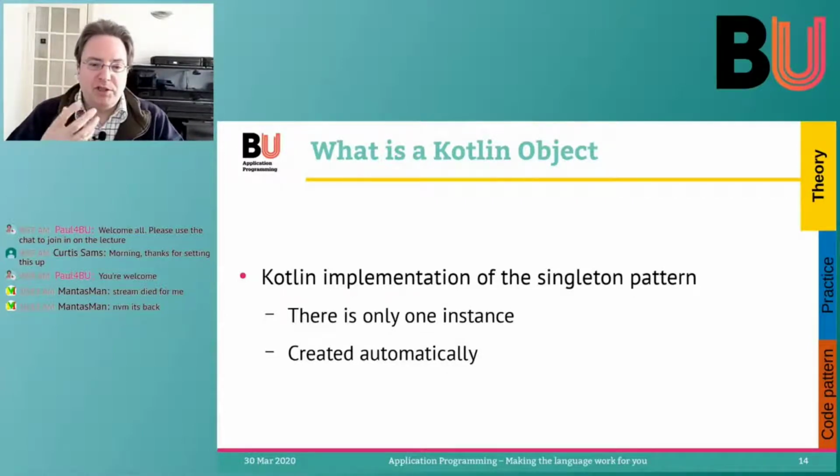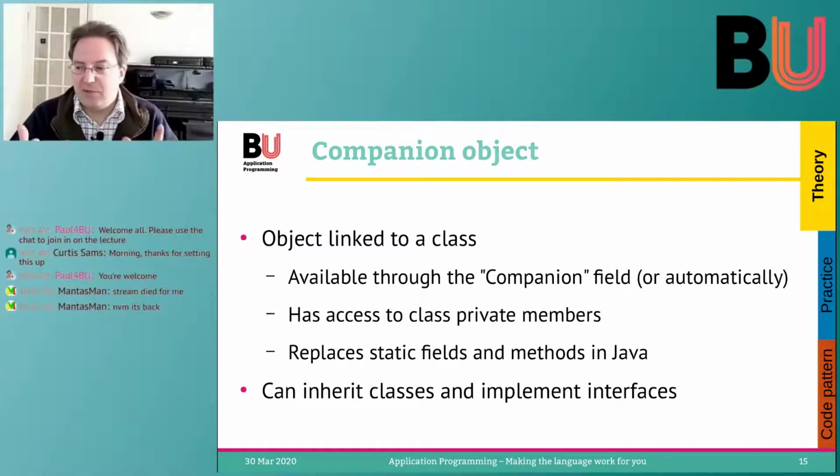But what does this companion object do? A companion object is an object that is linked to a class. That's why it's a companion. And you can actually have named companion objects. You saw that with parcelable. So if we have parcelable, we can give it a name.